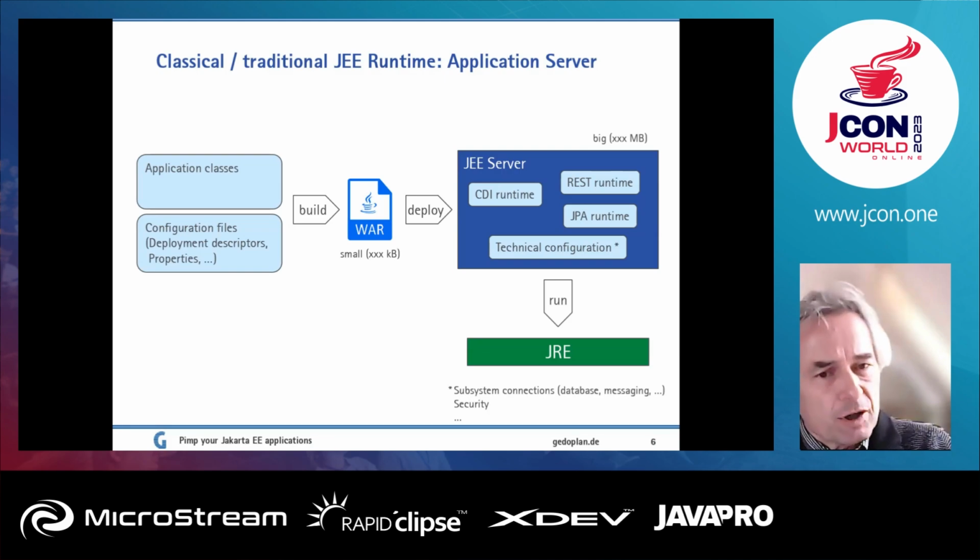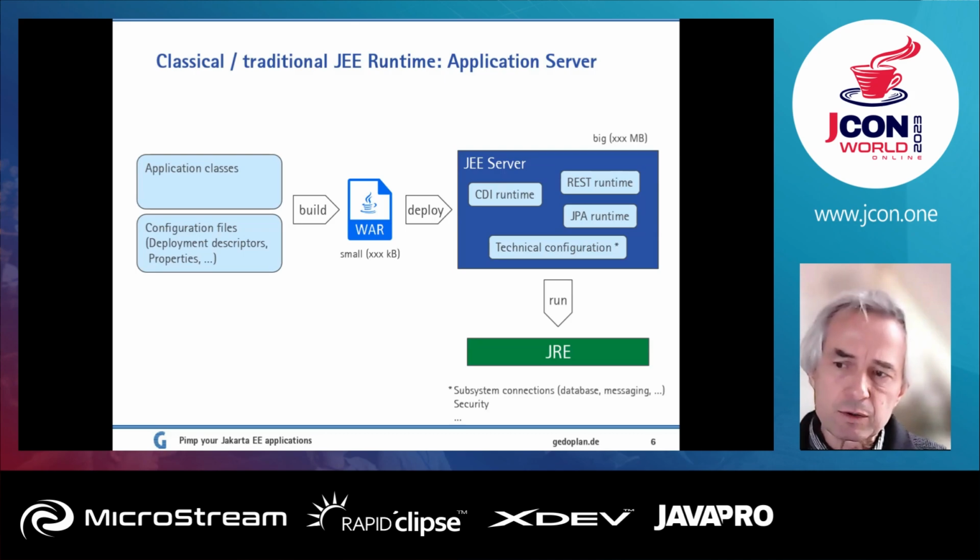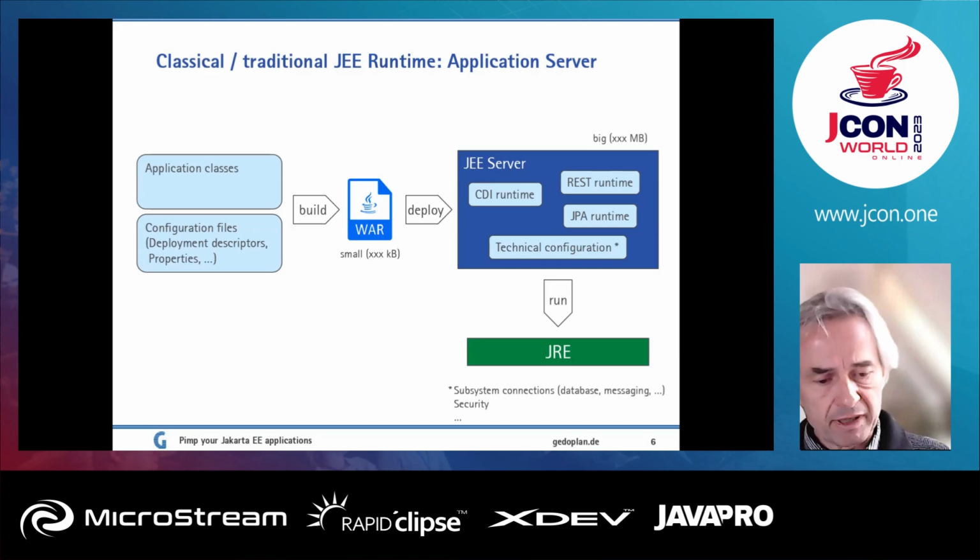And I think originally, at the end of the last century, it was meant to be used in a way that you have one big server and then run several applications on it, because servers were big. So the server is kind of an operating system for EE applications.